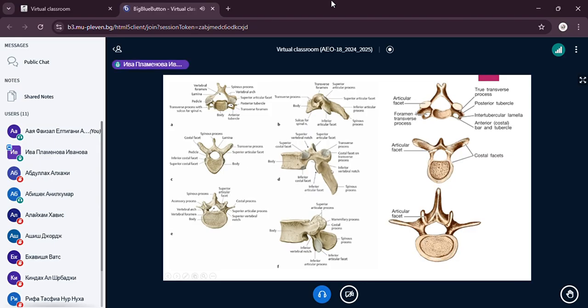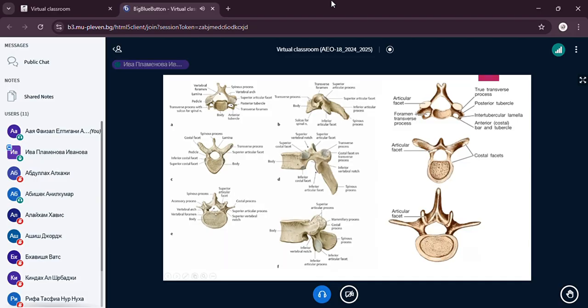Again, spinous process, the body, superior costal facet, inferior costal facet. And that's the fovea costalis for the rib tubercle on the transverse process.